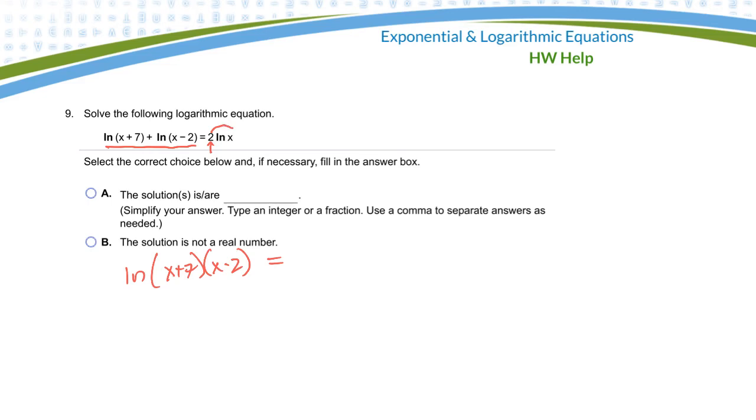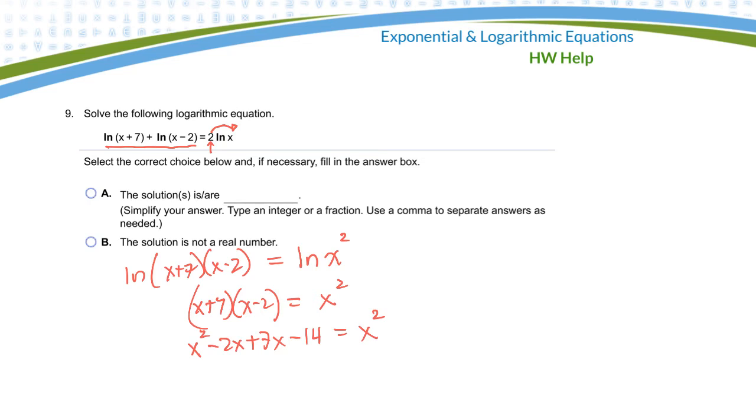But what I can do is I can use the power rule to put it back as an exponent, where it was maybe to begin with. Now I've got ln is equal to ln, so I can drop the ln's. So it'll be (x + 7) times (x - 2) is equal to x squared. Let's FOIL the stuff on the right, so x squared minus 2x plus 7x minus 14 is equal to x squared. x squared on both sides, so I can cancel those.